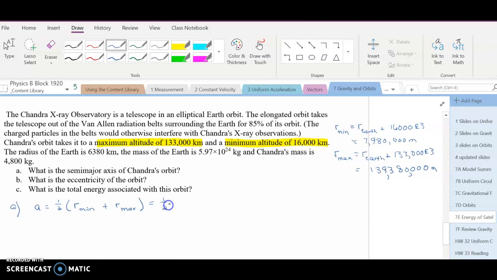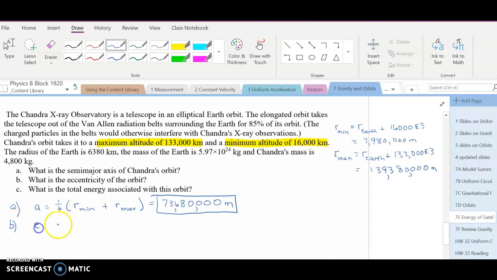So I'm just going to add those two things up and divide by 2. So our semi-major axis is 7 million. Oh no, it's going to be bigger than that. Sorry, it's going to be 7,368 with 4 zeros. And so that's 73,680,000 meters.